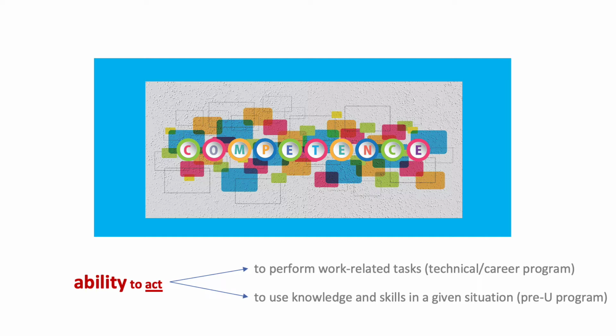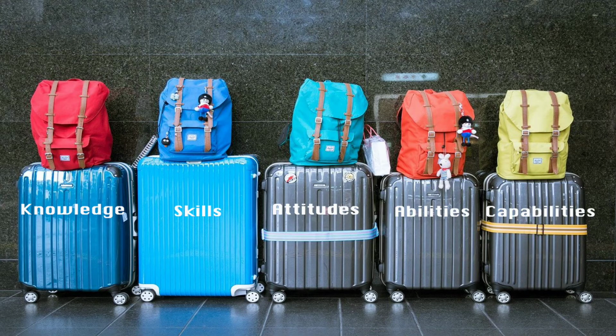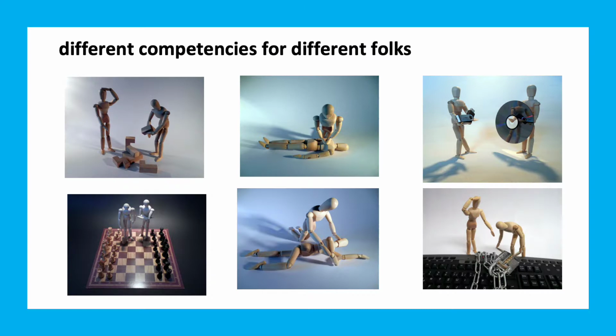It is developed through learning activities that develop the student's knowledge, skills, and attitudes. But it's not just about accumulating a baggage of knowledge, skills, and attitudes. Learning activities also give students ample opportunities to put their knowledge and skill to work, to find problems, to solve problems, to perform a task, or to respond to a given situation.